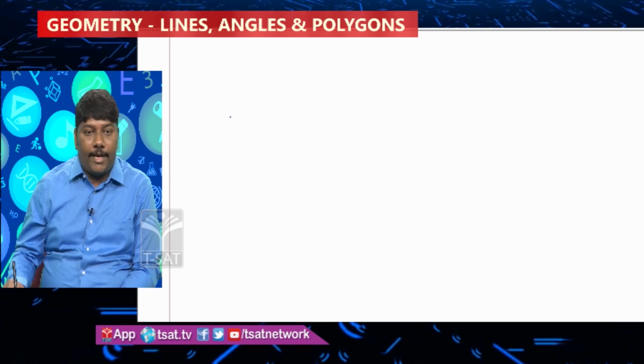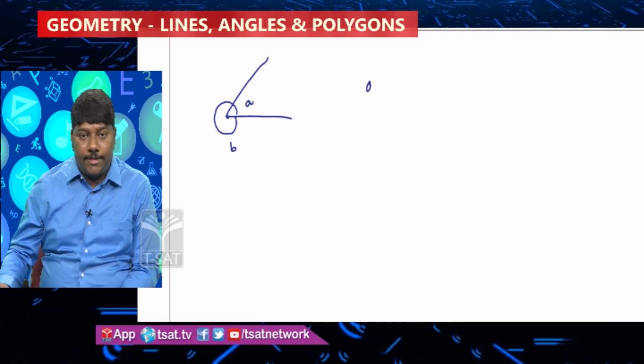If I take a complete angle, this is a complete angle which represents 360, intersected by a line. This angle is A, this angle is B. Now in this case A plus B is equal to 360. A, B are what we call reflex angles.